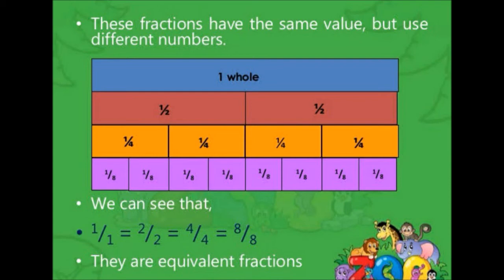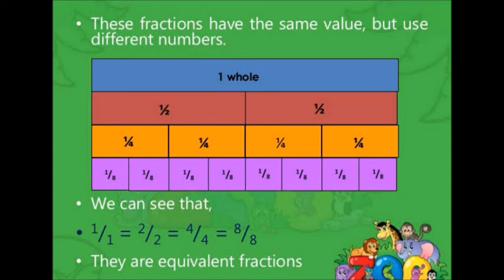So they are equivalent fractions. Here in these fractions we used different numbers, but the value is same. That is the equivalent fraction. If you divide, everything you will get 1 by 1. If you cancel 2 by 2, you will get 1 by 1.